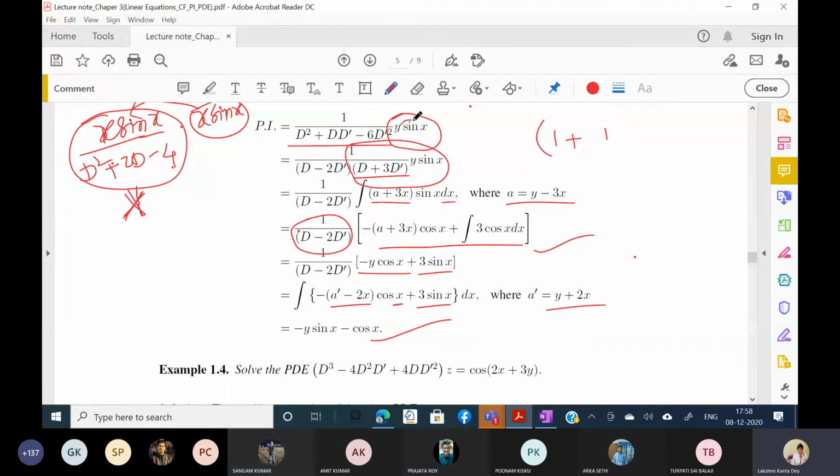Because here it is sin x. Sin x, if you integrate with respect to x as many times, you will not get to 0. Or if you differentiate sin x several times, it will not come to 0. Clear? So since the function on the right hand side is not a polynomial type function, if you try to use expansion, you will not succeed. That is why we have to use certain other methods.